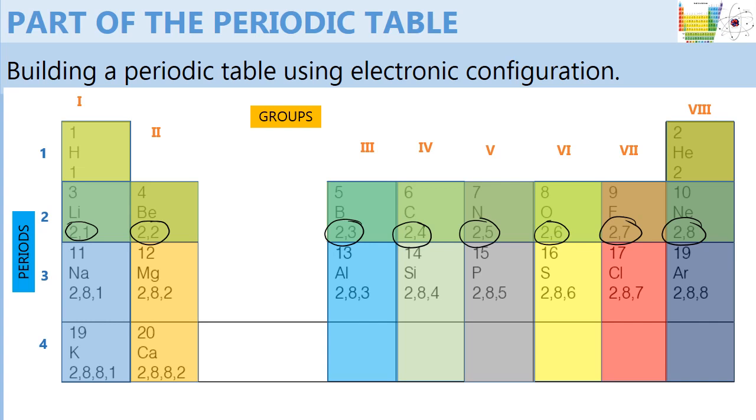Remember that when we are arranging the electrons, the first energy level contains a maximum of 2, and the second energy level contains a maximum of 8. So between lithium and neon, the electron arrangements are as shown, and you will notice that the electrons only occupy 2 energy levels.